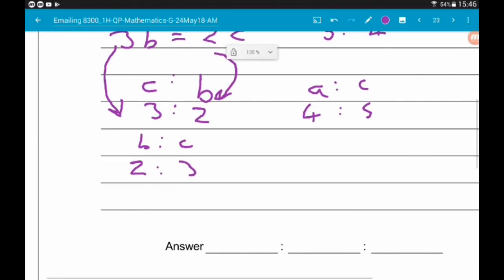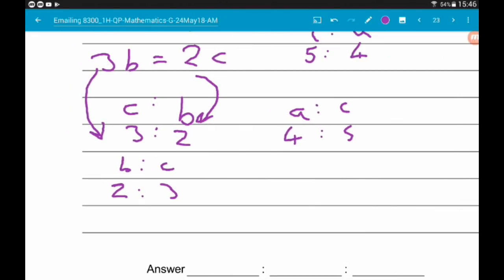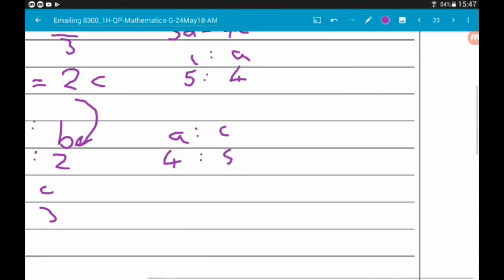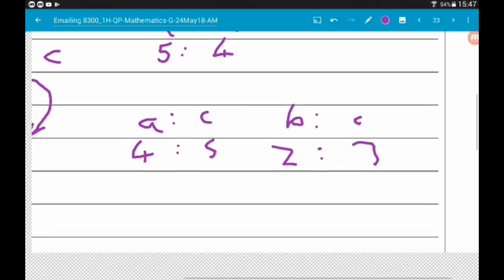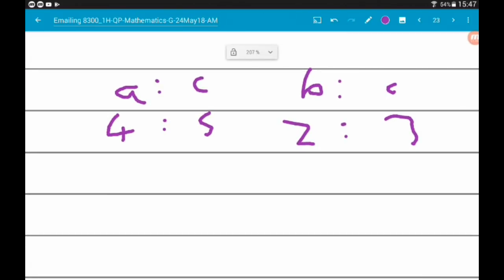So now we have both of our ratios. Let's put B to C up here. Okay, so there are both of our ratios. We now need to combine them.